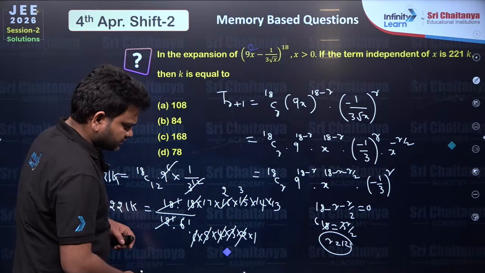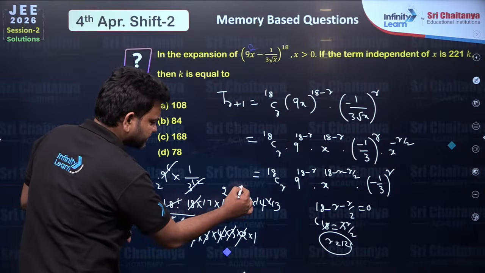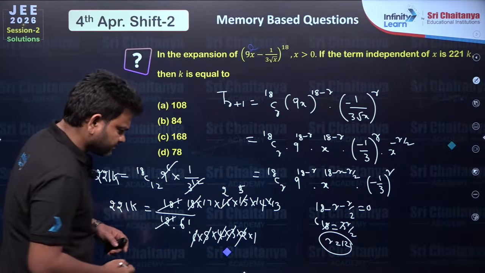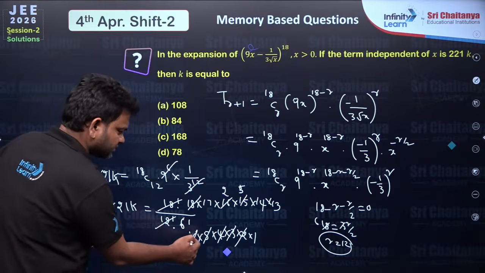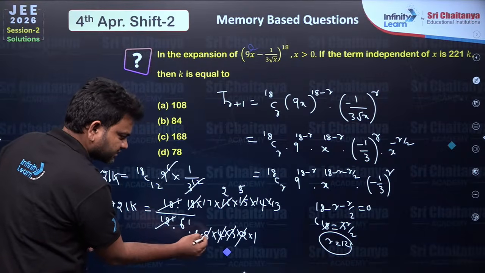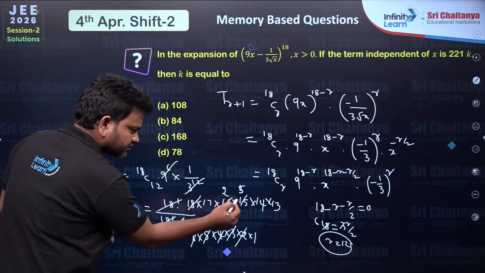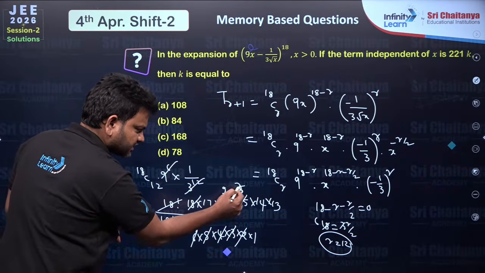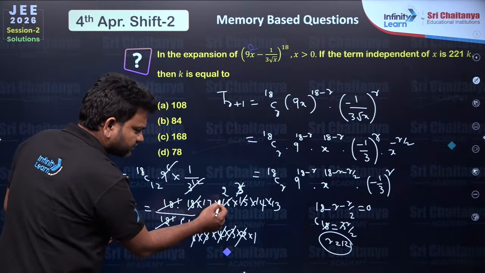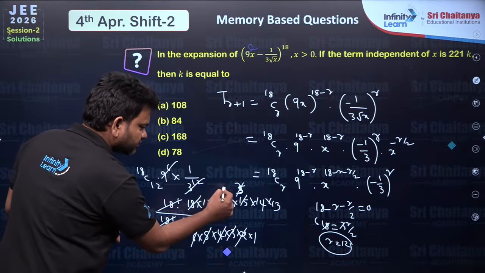Alright, 3 and 3 I can cancel here. 6 and 3 I cancelled with 18, and if I cancel the 5 here it is going to be 3, and 3 and 3 I can cancel here, and for the 4 we are going to get here 4.